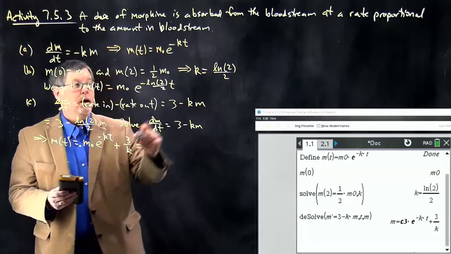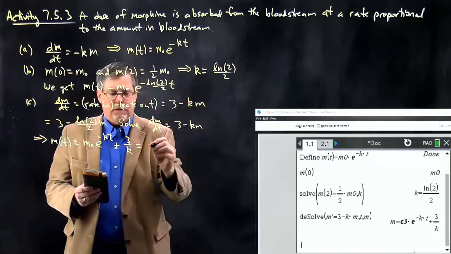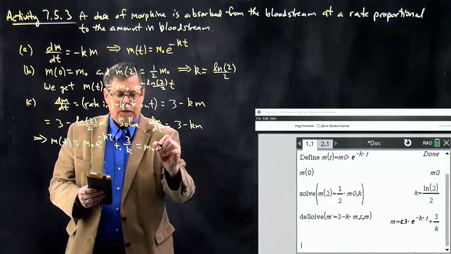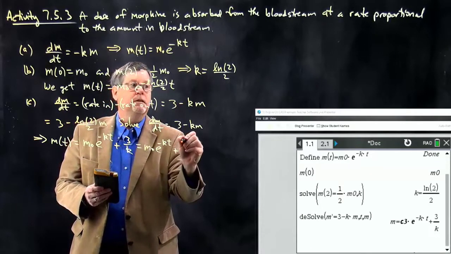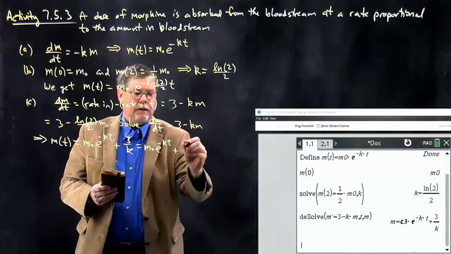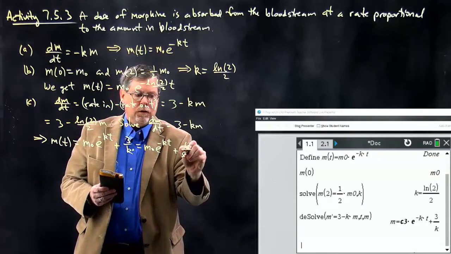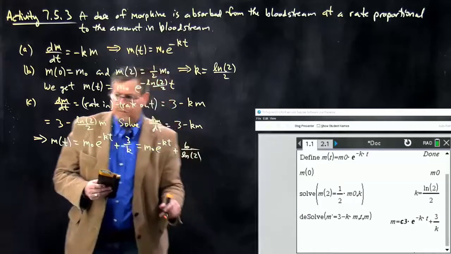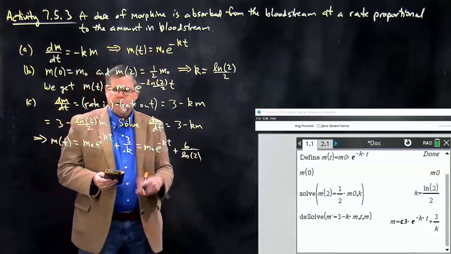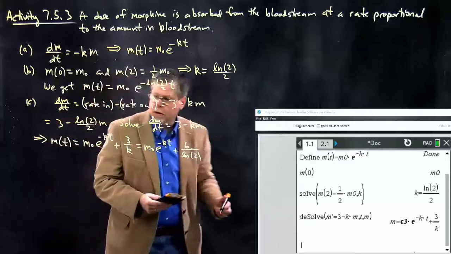And so we know what k is here, so that's going to be M sub 0, e to the minus kt, plus, if I flip that guy, 6 over log 2. All right. So that's the model that we're looking at.